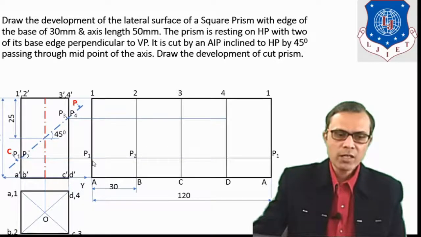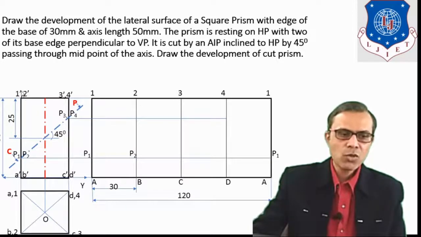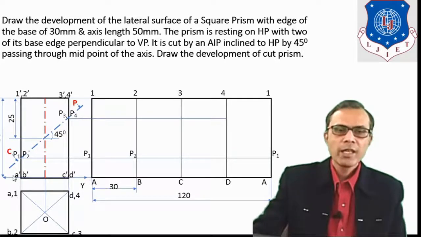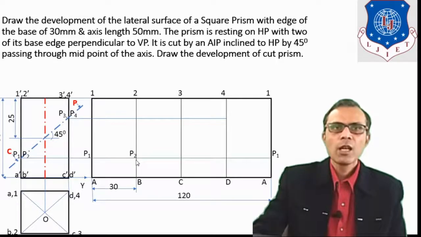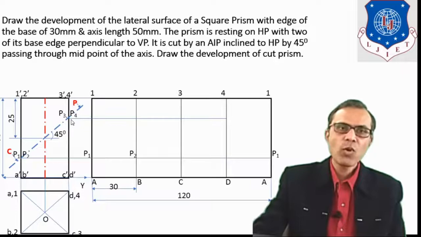So P1 point is on A1 here, as you can see in the diagram. Another point is P2 point. So this longer edge 2B is cut by the cutting plane at this P2 point. So P2 point is located here. Now the rest of 2 points are P3 and P4 points.